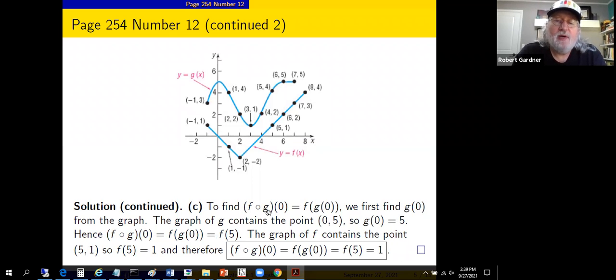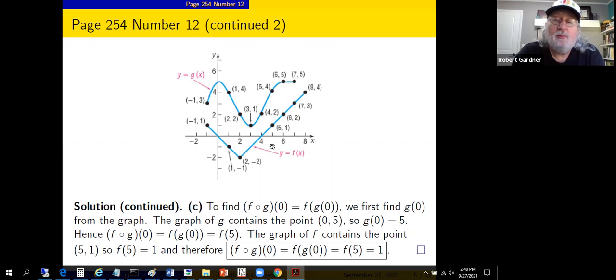How about f composed with g of 0, f of g of 0? At 0, the g function looks like it outputs 5. They didn't label the point, but it looks like the point (0, 5) is on the graph of the g function. So g of 0 is 5. Substitute that in. We then have f of g of 0, we have f of 5.